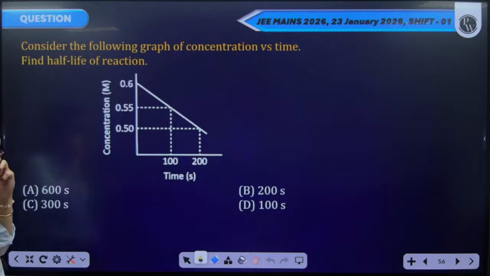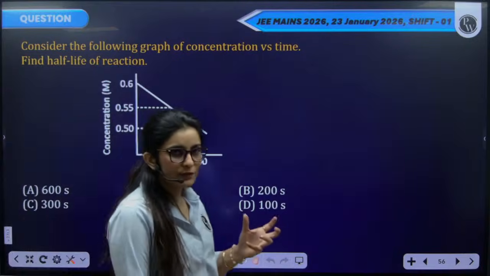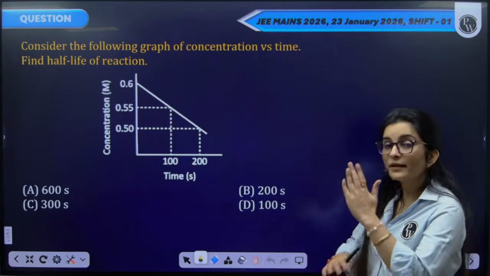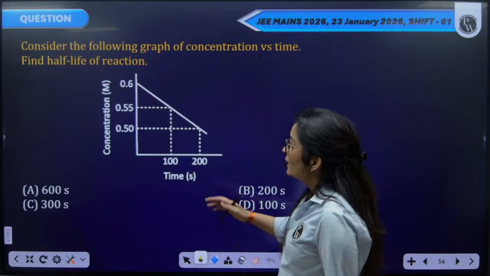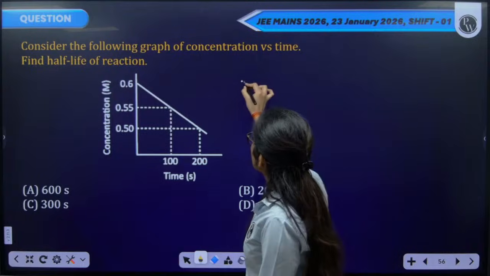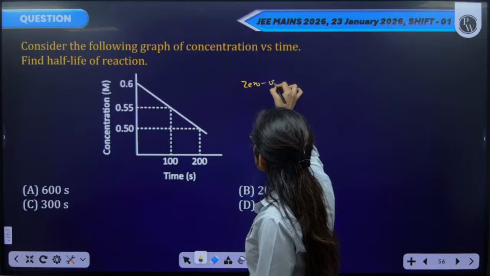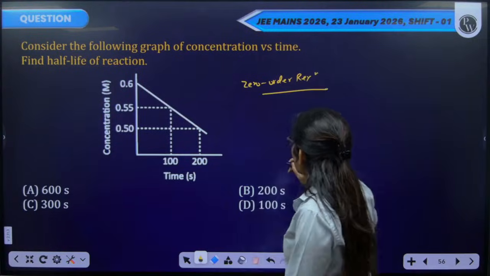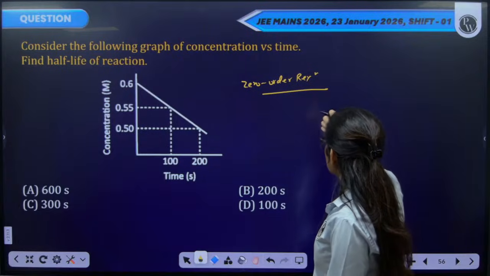When you have a first look over the graph, this is a straight line graph with negative slope, concentration versus time. So it reminds me of the zero order reaction. Why? Because we have seen how we write the equation for the zero order reaction.